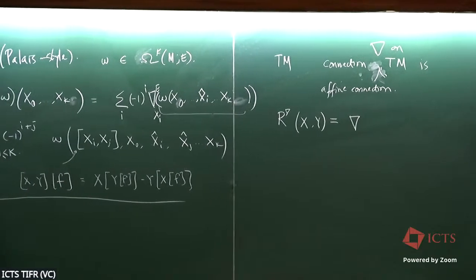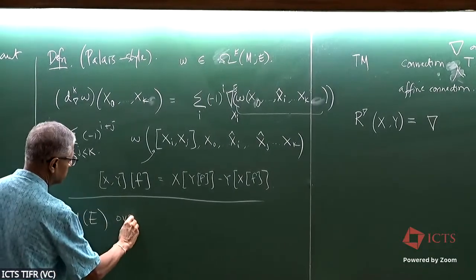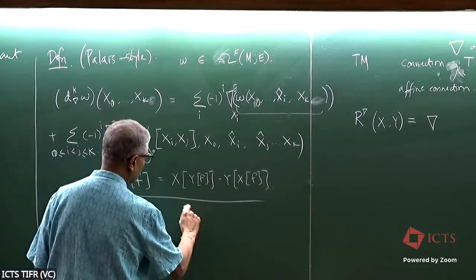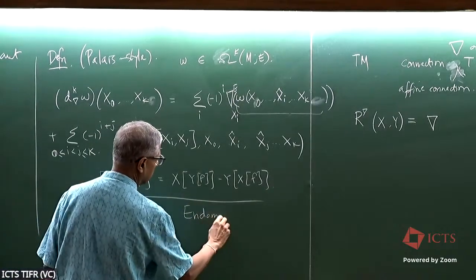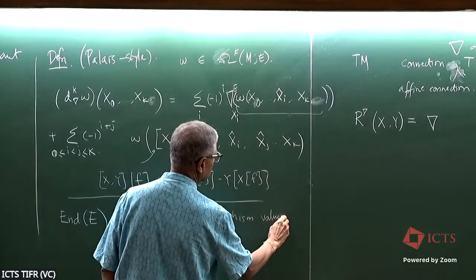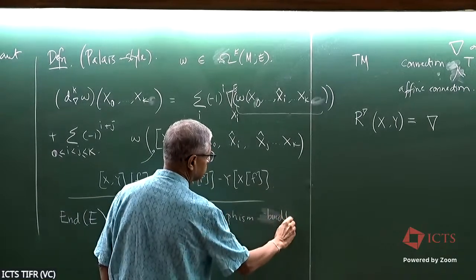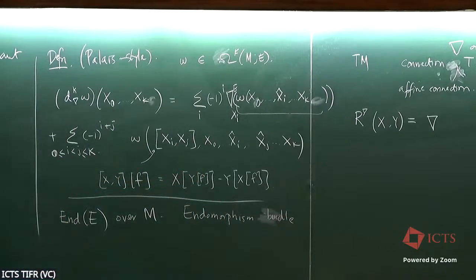So if you have a bundle E, there is also a bundle called End E over M. This is called the endomorphism valued bundle, or endomorphism bundle, endomorphism vector bundle. And a section of this is actually a linear map at every point. A section of E is a vector at every point. A section of End E is a linear map at every point, which can act on sections then. So it's a field of linear maps.